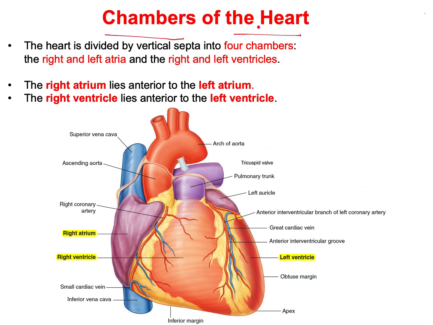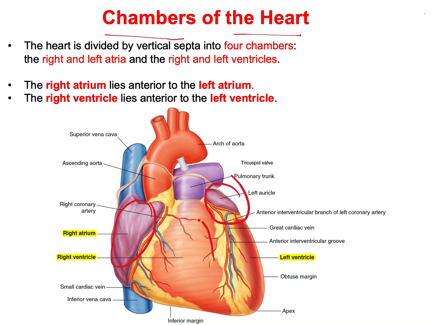of the heart. You know that the heart is divided by vertical septa. There is a septum between two atria and another septum between two ventricles. So these vertical septa divide the heart into four chambers. There is the right atrium here and the left atrium here, posterior to it, of course.